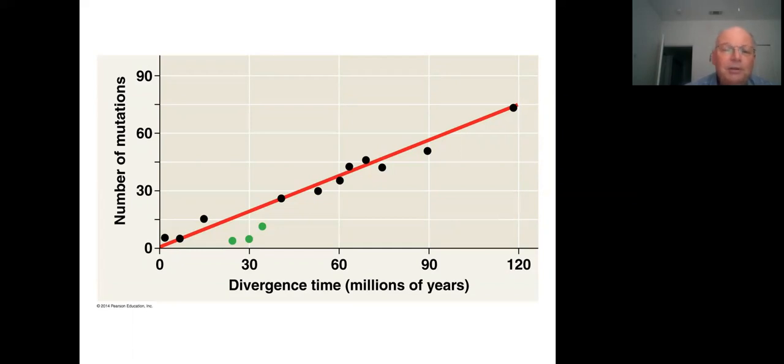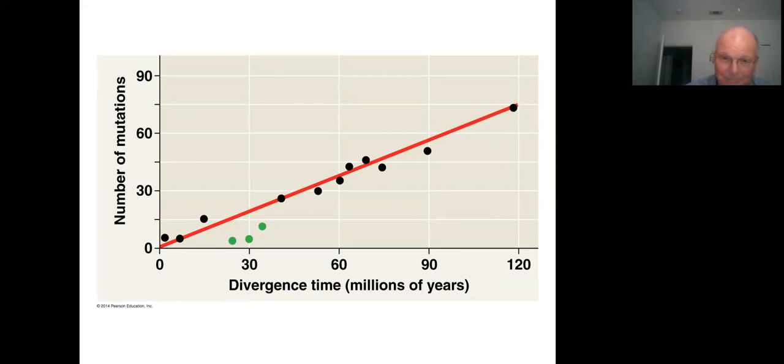For some reason, the rate of mutation in primates has not followed the same rate of mutation in other mammals. We don't know why, but obviously the mutations that have occurred in our particular copies of this gene have not occurred at the same rate.